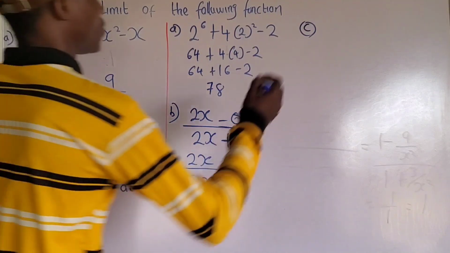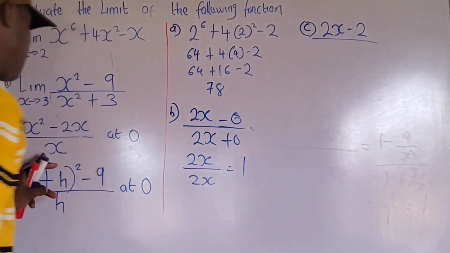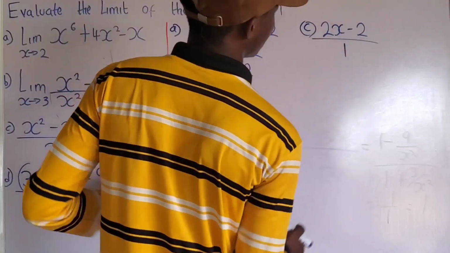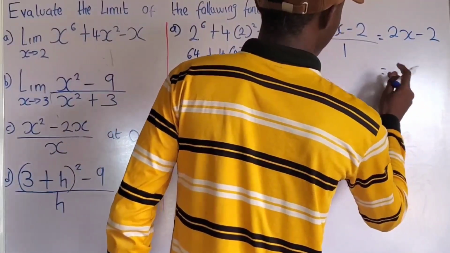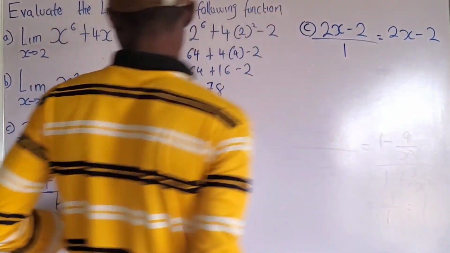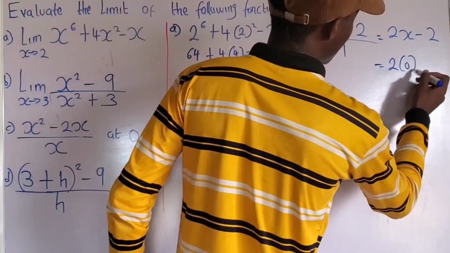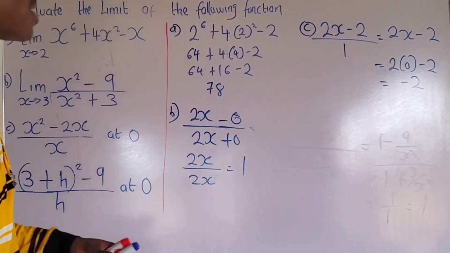You're going to have 2x minus 2 all over, if you differentiate the denominator, you're going to have 1 all over 1, which is 2x minus 2. Now, at x equals 0, I'm going to have 2 multiplied by 0 minus 2, which is minus 2.